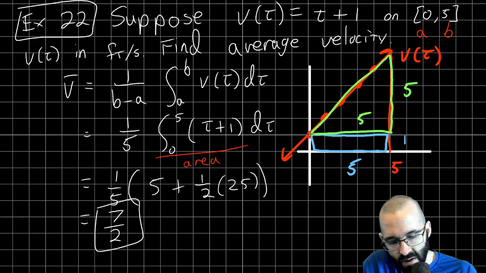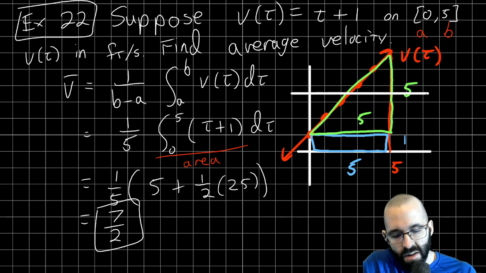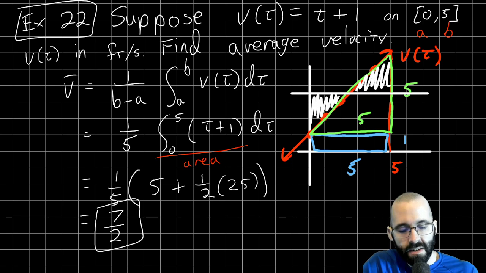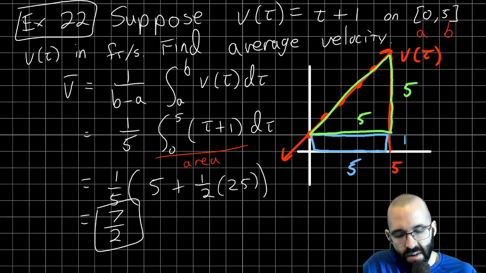Let's draw another line. 1, 2, 3.5. On this interval, is there about as much of the function above as below? Yeah. This triangle looks to have the same area as that triangle. So, looks like a good average value. Looks like we probably didn't make a mistake. Maybe we did. Can check our answer, but looks pretty solid to me.